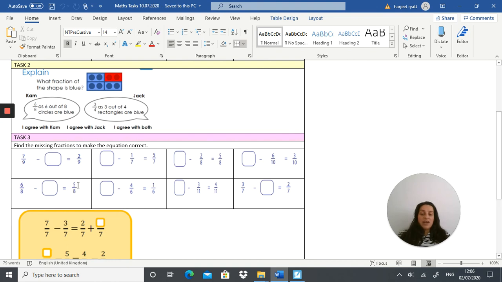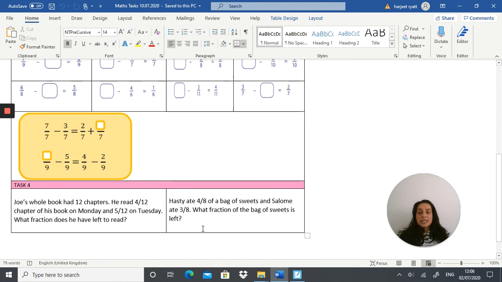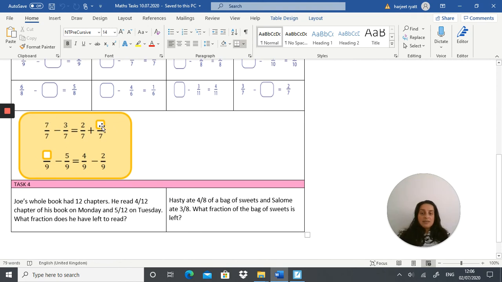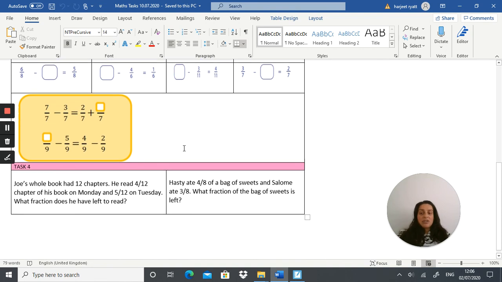If you find this difficult, I would use the part-whole model to lay it out, because that will help you. And task 4, as we have had for the entire week, you have 2 word problems which you need to read carefully and answer the questions to.